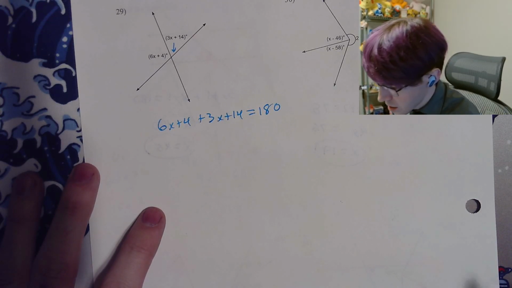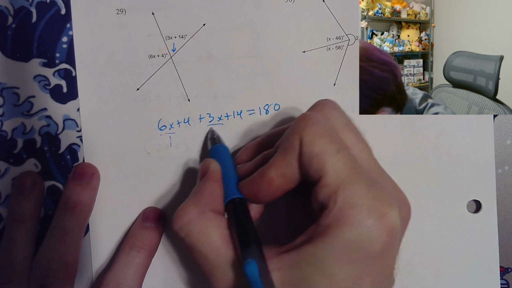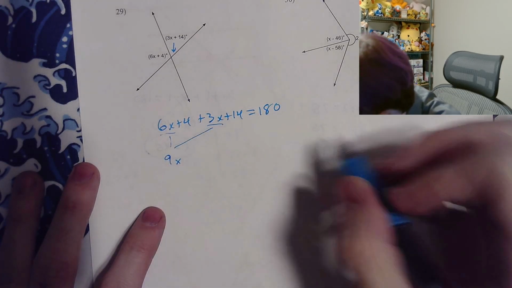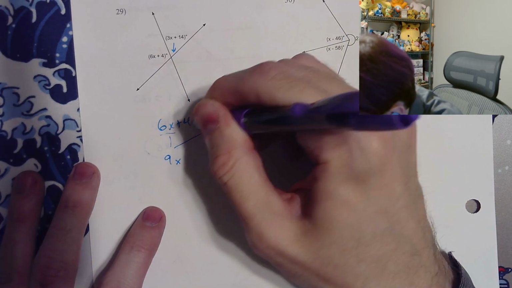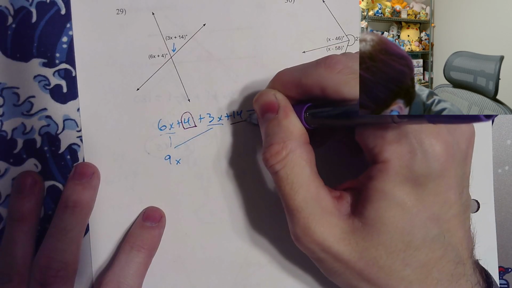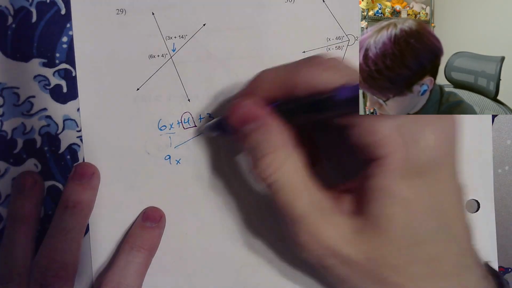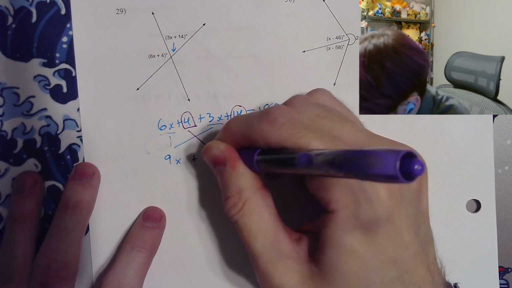You could do that. You could say, hey, I have the 6x and this 3x. They're going to combine together to be a 9x. And then you could do the same exact thing. Maybe you do a little triangle or something around it. I heard a little box or a little hut. There you go. Those two come together over here, and that's going to be plus 18.